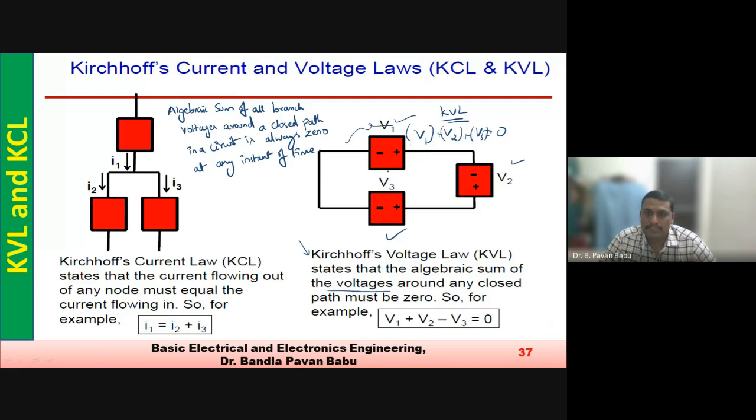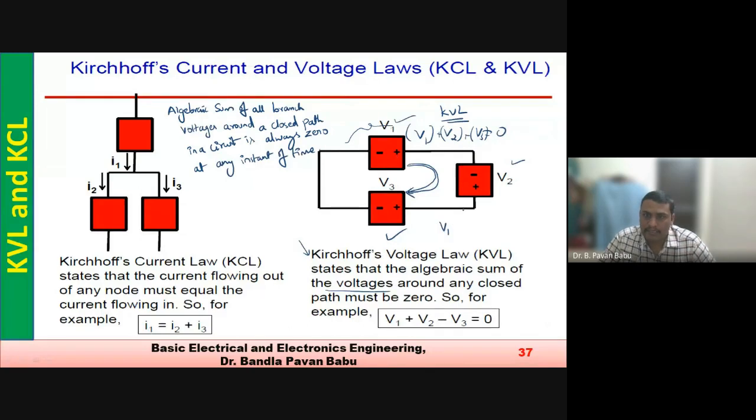Suppose you consider any direction. Only two directions are possible, clockwise or anticlockwise. Suppose you consider this direction. Starting from V1, it goes from minus to plus, so I can call it a potential rise.